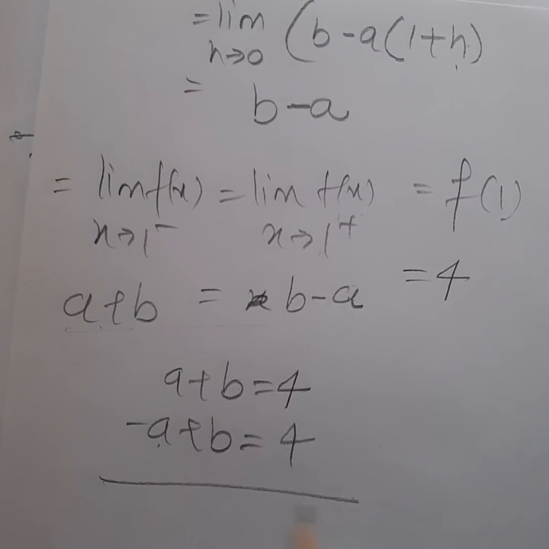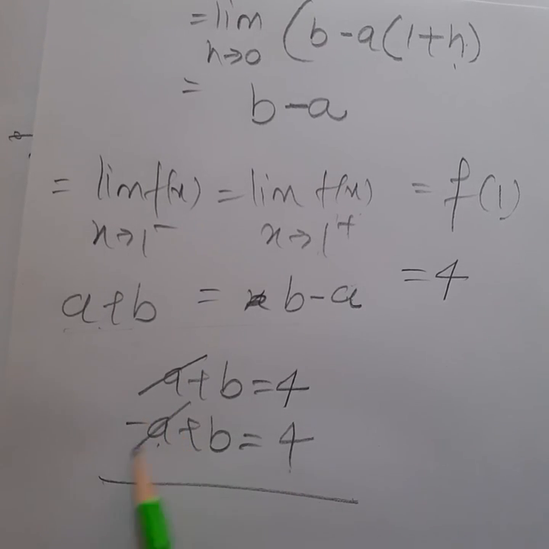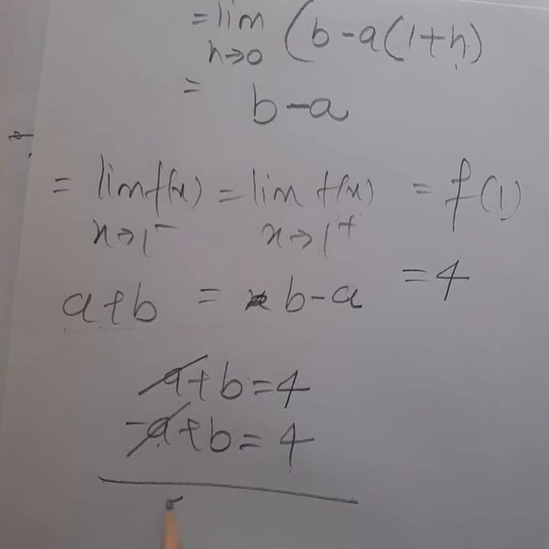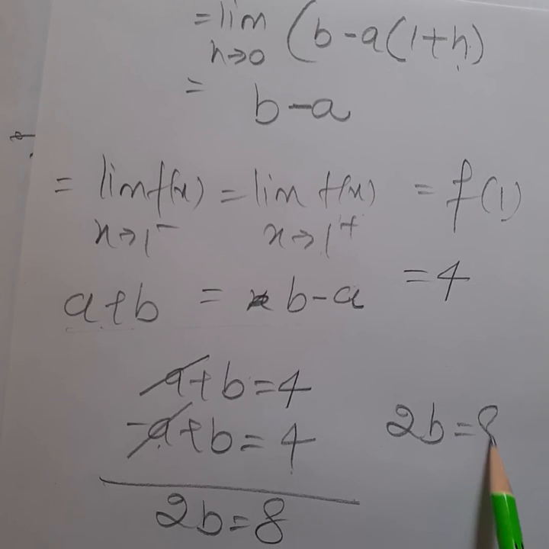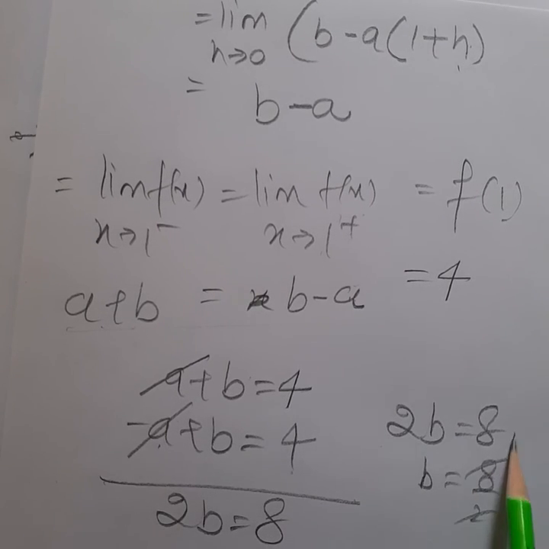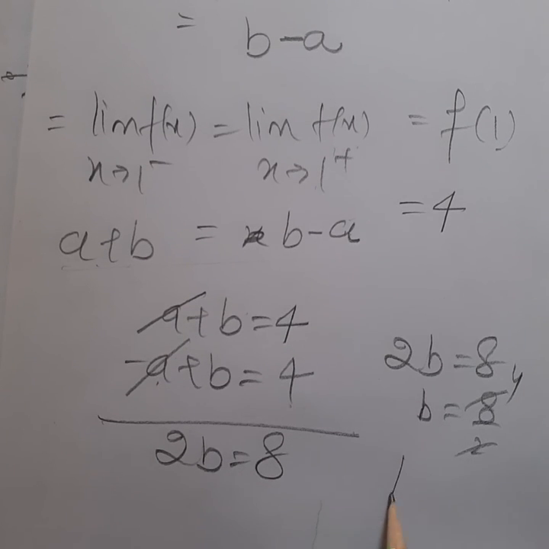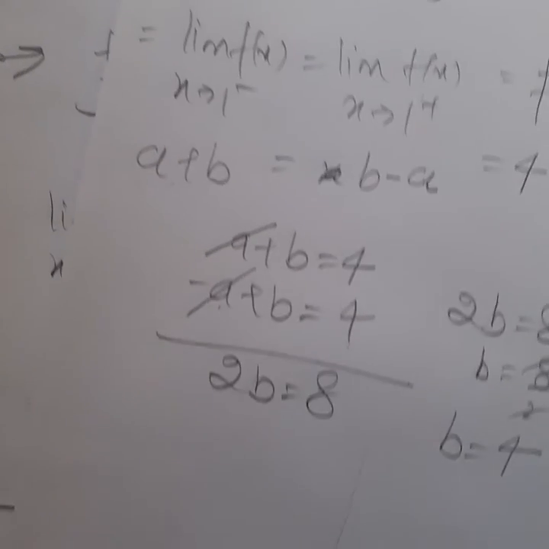By the elimination method or any other, you can solve it by cancelling a with minus a, and b plus b is 2b, and 4 plus 4 is 8, so we get 2b is equal to 8 and b is equal to 8 by 2. After cancelling, we get the value of b is 4.